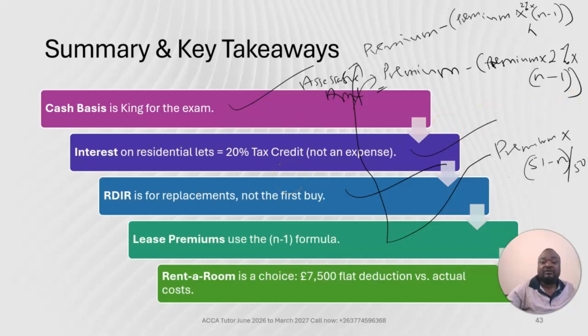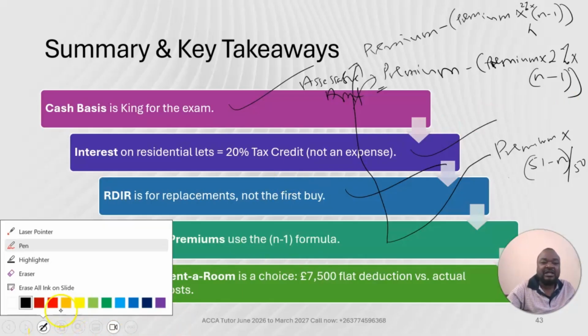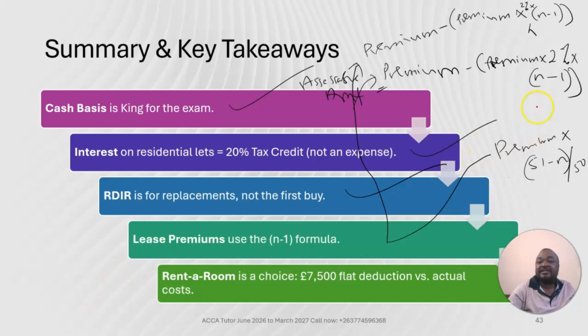So you just have to pick which method is easier for you, either this one or that one. You just have to pick which formula is going to make your job easier.